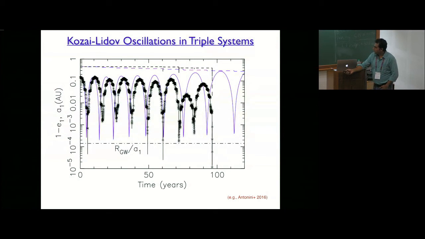So the point is, at times, this is all about angular momentum exchange between this binary and that binary. And since this binary is much more compact, the angular momentum content in this binary is small compared to the outer binary. So any small change in the outer binary can do a large change in the inner binary.